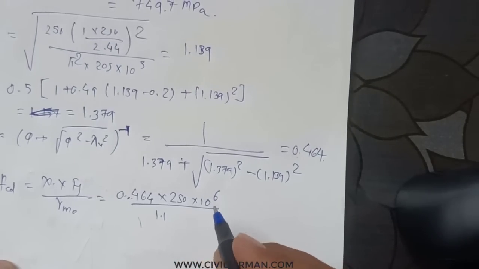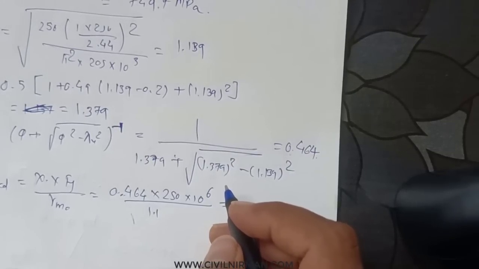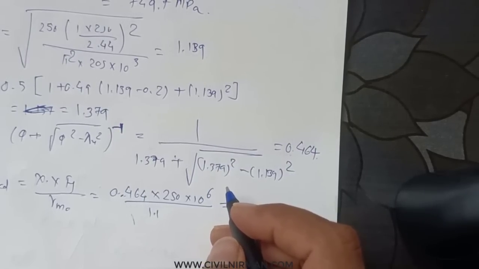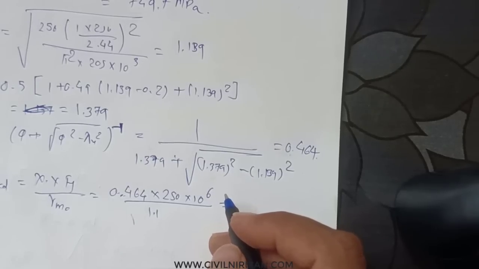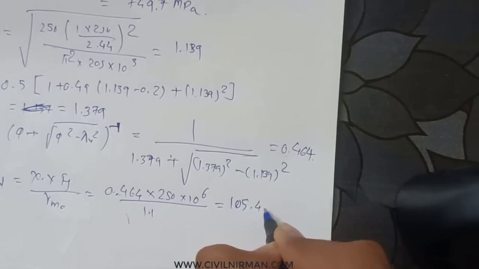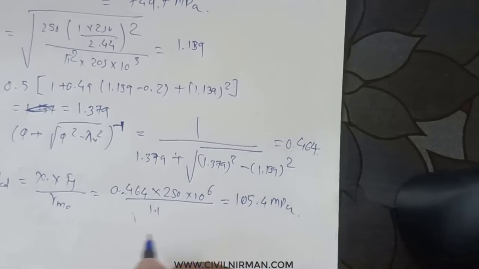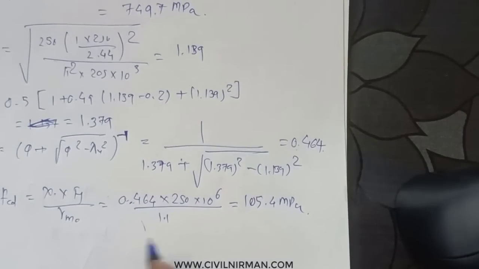Okay, and here 0.464 into 250 into 10 raised to 6, I'm getting the value as 105.4 megapascal. Okay, so I'll work out the Pd as well.